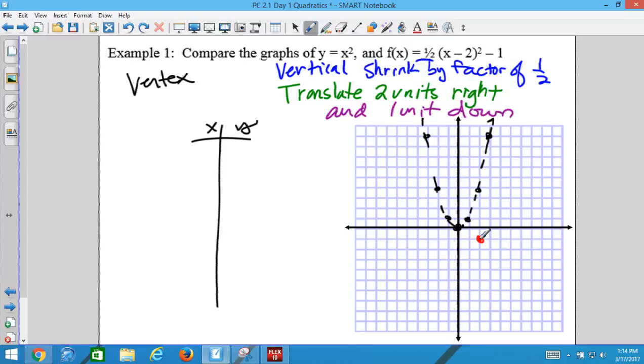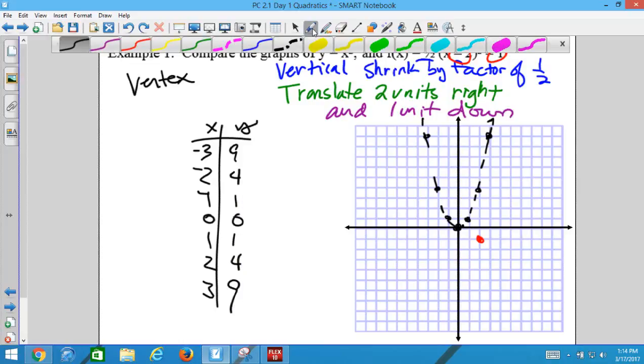You can either find the vertex first because all of your questions in your homework will be vertex form, and these 2 numbers tell you the vertex. Or you can graph it and then figure out where the vertex is. I don't care which order you do it in. All right, so my ordered pairs. What are we doing first to the ordered pairs?